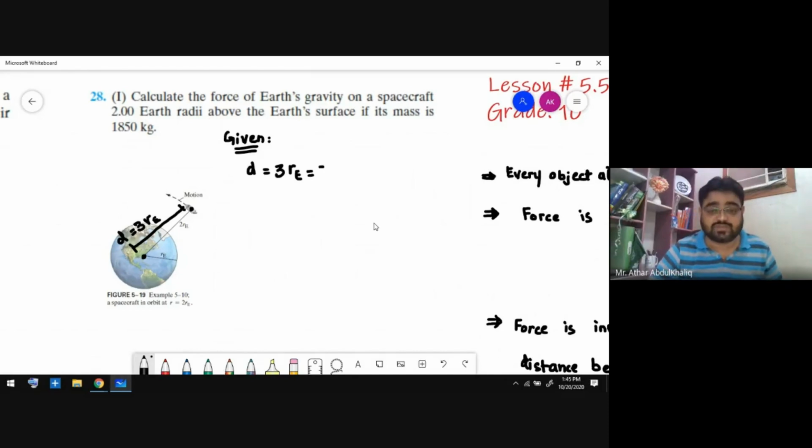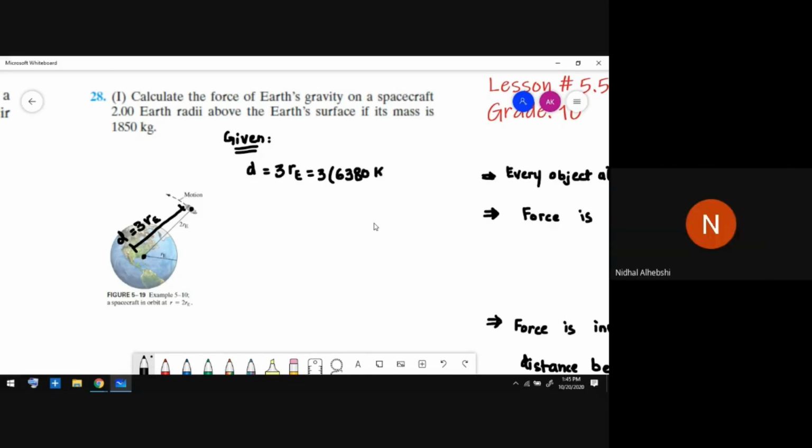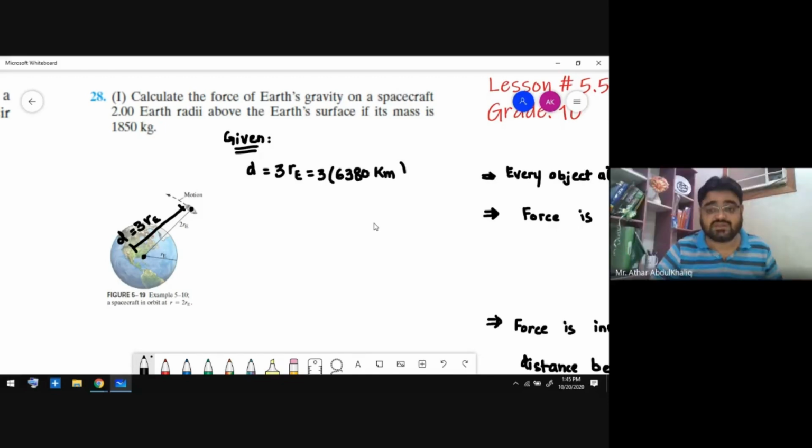So next time, please, you have to memorize this. Radius of the earth is 6,380 kilometers. Okay, this is the distance, the first thing.